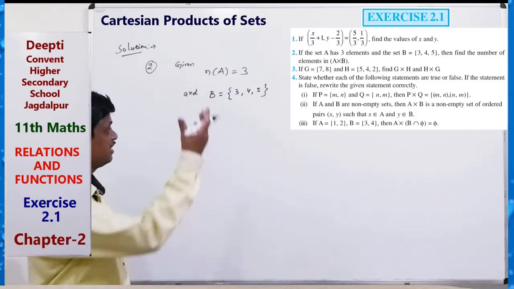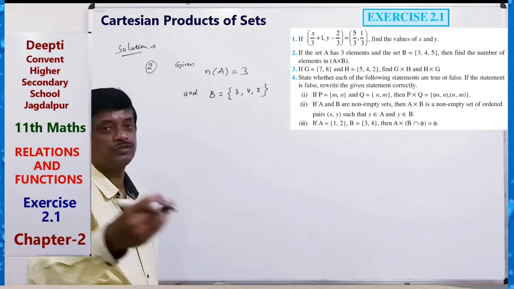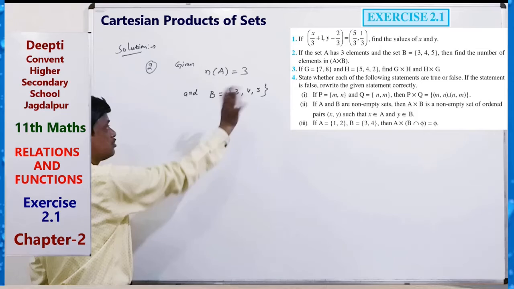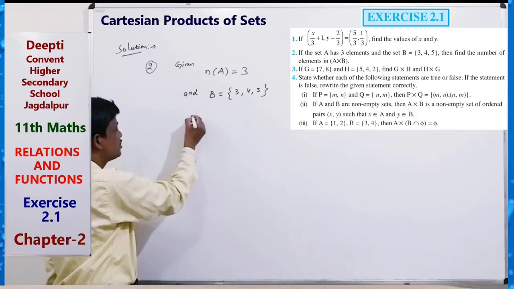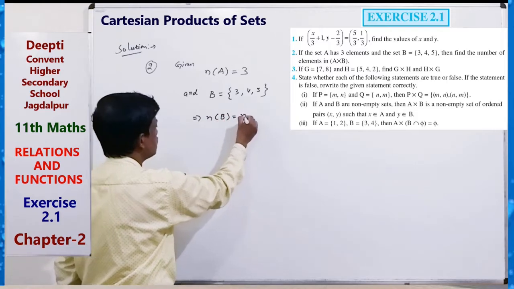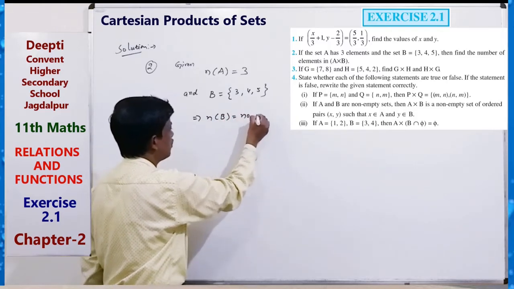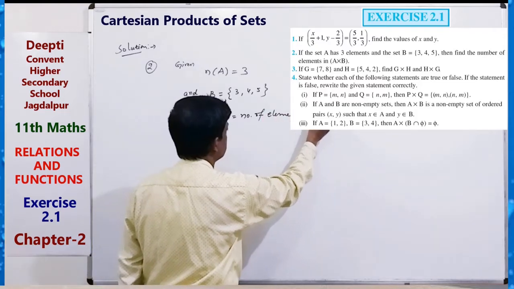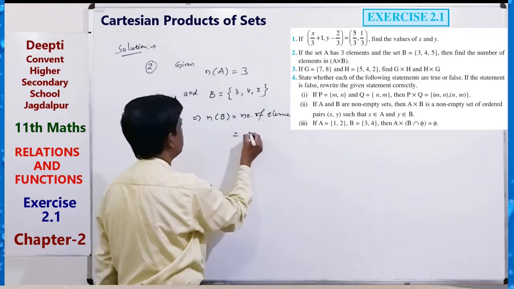So the number of elements in A cross B: we know that the number of elements in A cross B equals n(A) into n(B). Here n(A) equals 3 is given, and B is {3, 4, 5}, so n(B), the number of elements in B, equals 3.